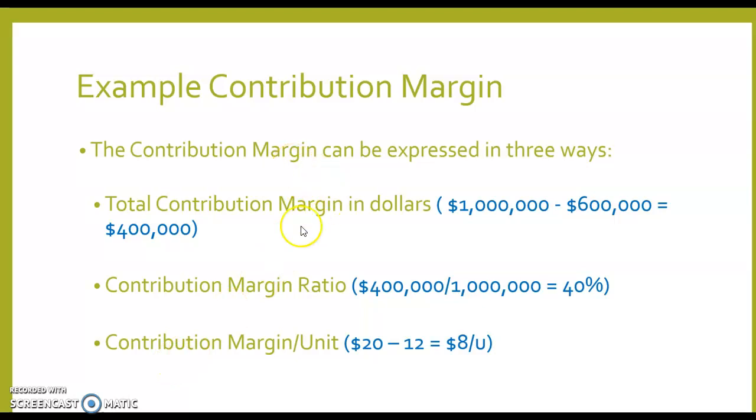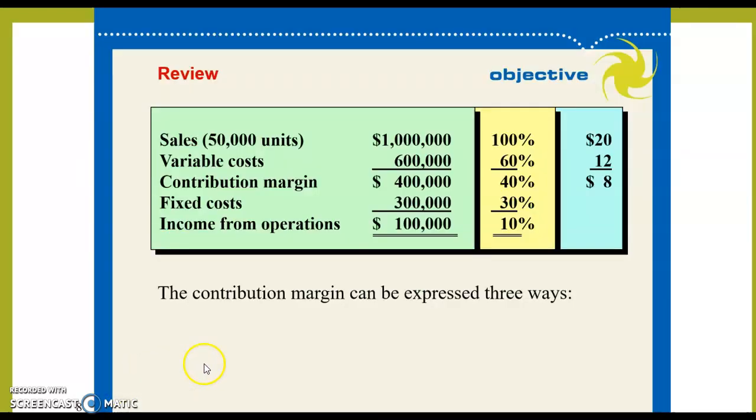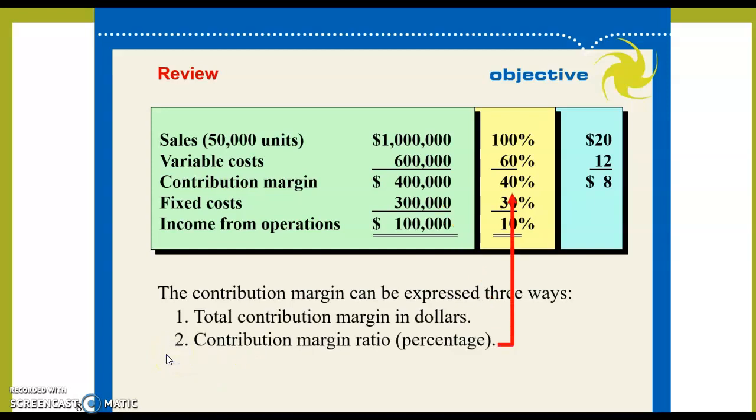Okay, and so here this just went over that same stuff that I went over. This also goes over the same stuff, and so you have the total contribution margin in a statement. This middle yellow bar shows you all the percentages.